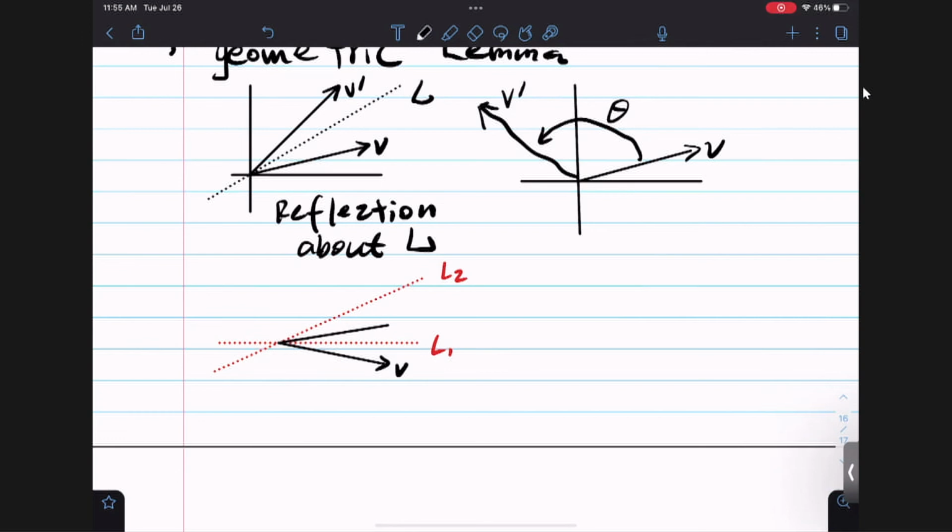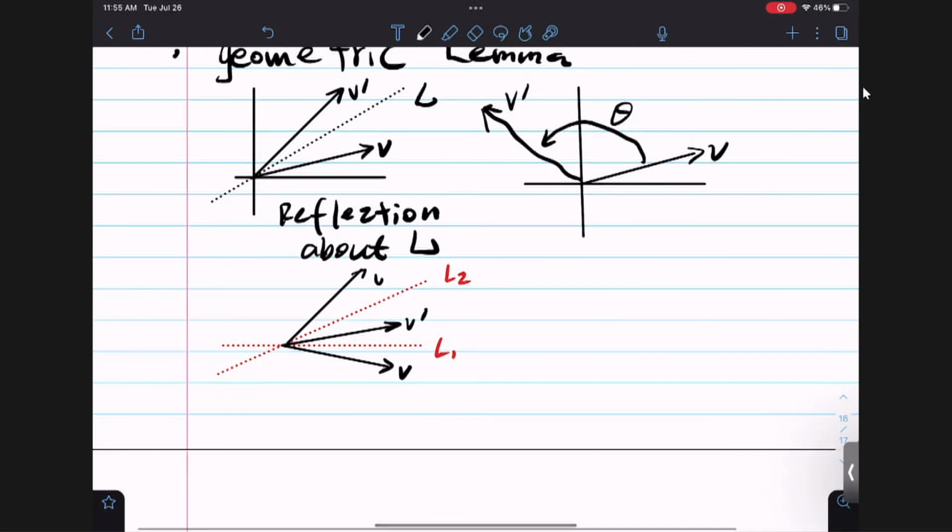Reflecting about L1, we come to V prime here, and then reflecting about L2 will be, I don't know if my drawing is that precise, somewhere here, V double prime. You might have observed the net effect is going to be a rotation. And by how much?